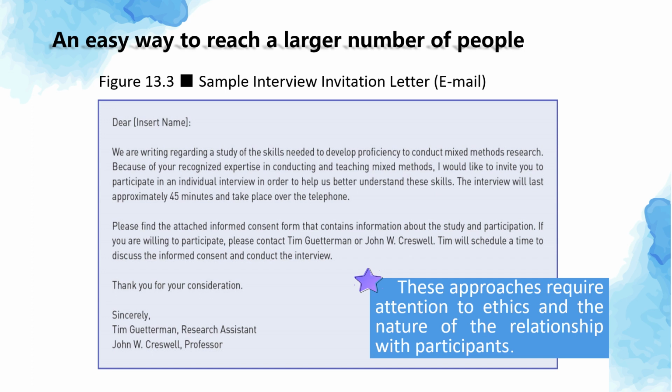This figure provides an example of the email invitation sent to recruit participants for a qualitative interview. It's worth noting that snowball or chain sampling can be a very helpful way to recruit participants. Of course, these approaches require attention to ethics and the nature of the relation with the participants.